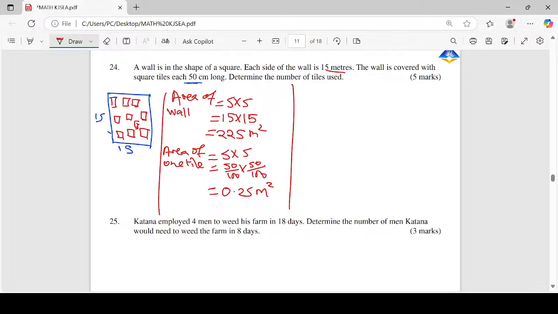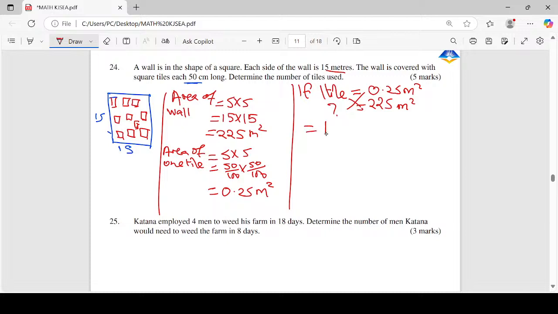Then they want the number of tiles. So I will say if one tile covers an area of 0.25 square meters, how many tiles will be required to cover an area of 225 square meters? You cross multiply.